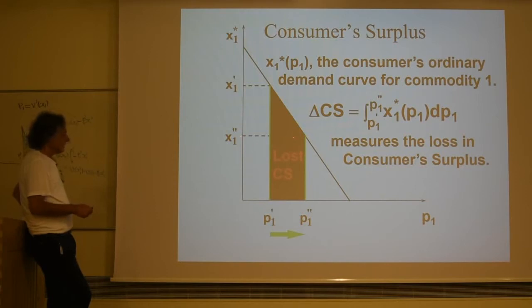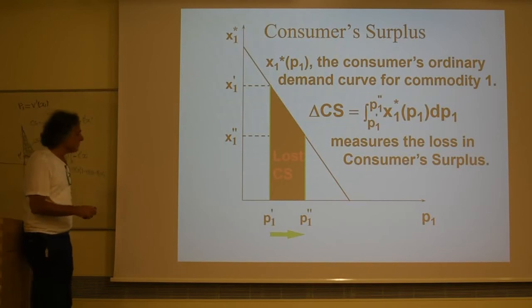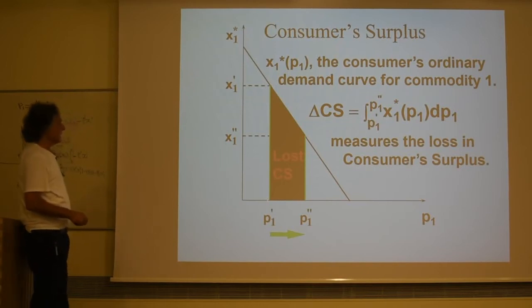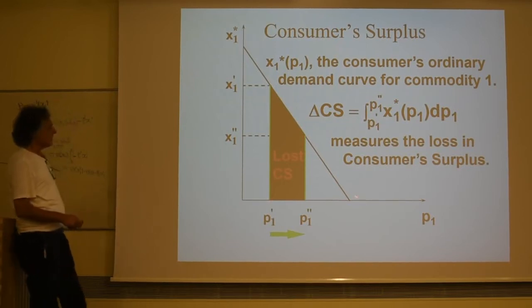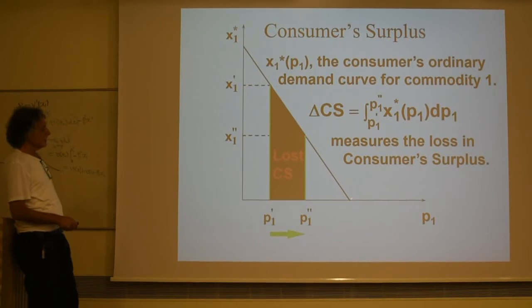It's a little bit misleading here. One can think of it as this area minus this area, okay? Here x1 is 0. So I'm going from 0, this is x1 prime, and this is x1 double prime.